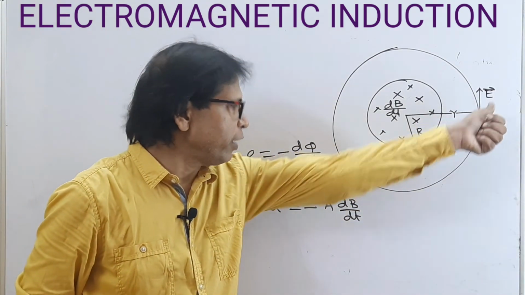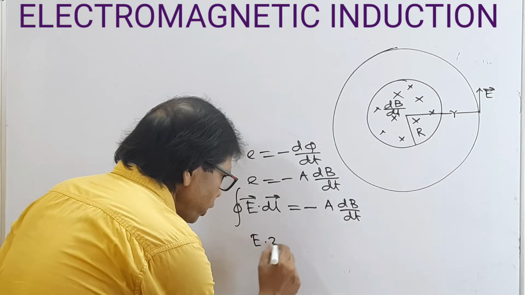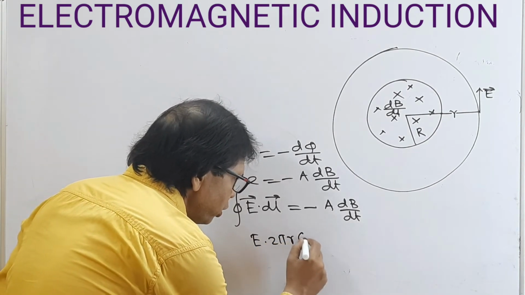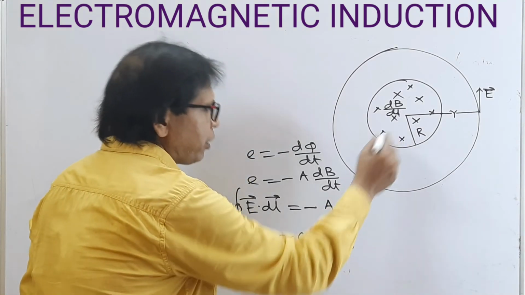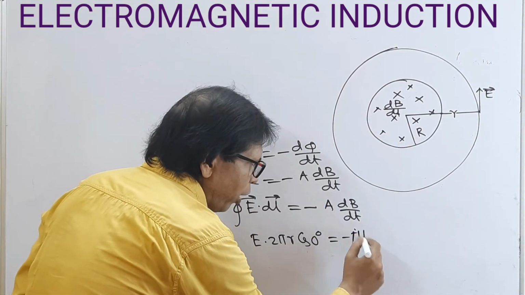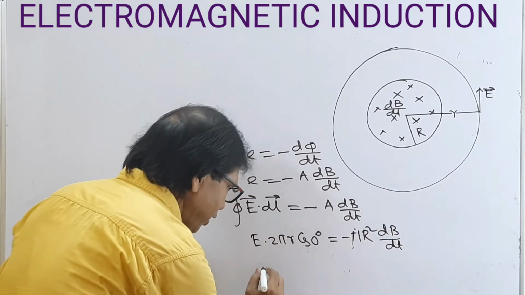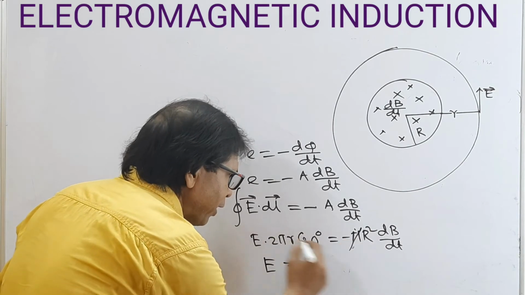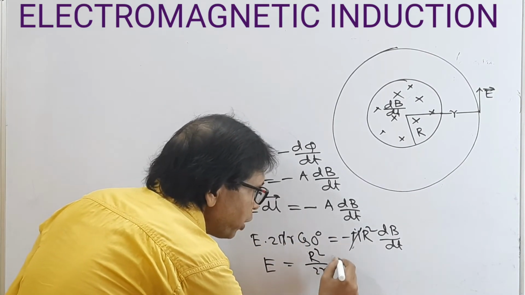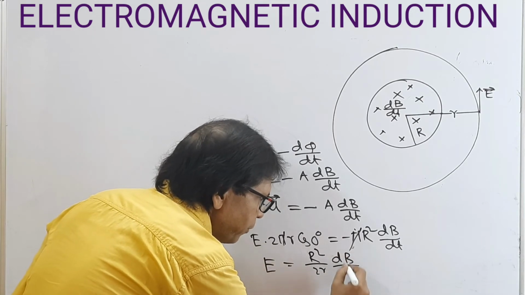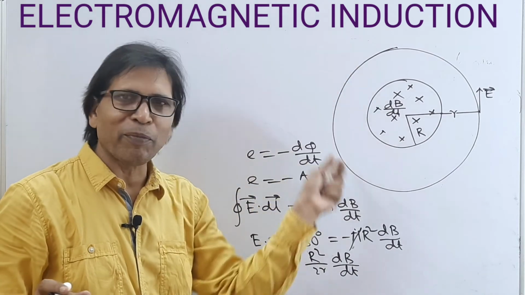So E vector dot dl vector is E into 2 pi r, this is the cos 0 degree, and A is pi r square, and this is the dB by dt. So look at this, E equals, pi cancels out, r square by 2r into dB by dt, the magnitude of electric field at this circumference.